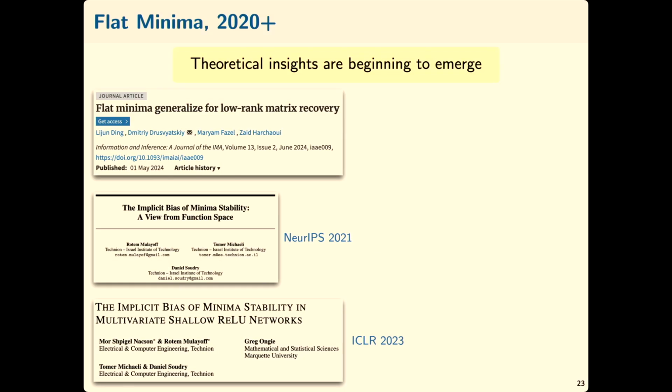There's also some interesting work from Daniel Soudry's group over the last few years where they try to incorporate the actual gradient descent algorithm into the analysis as well. They're taking the perspective of minima stability, saying gradient descent is a dynamical system, and the minima that are stable in this dynamical system sense are also related to flatness. So this is a nice theoretical framework.